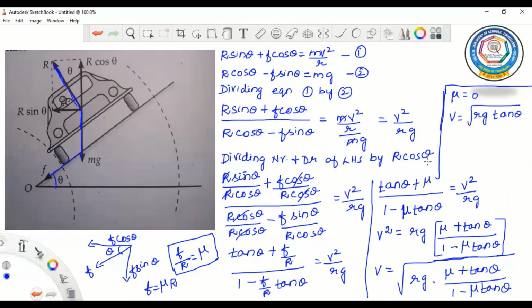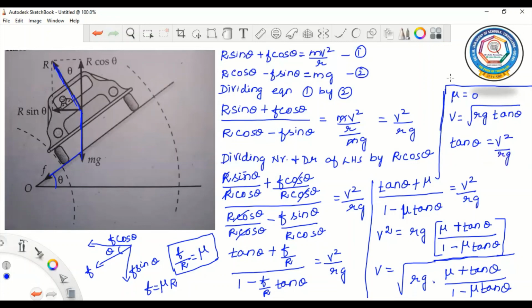So the angle of banking theta for minimum wear and tear of the tires is given by, can you write, tan theta is equal to, when you square this expression on both sides, you will get rg tan theta is equal to v square, or tan theta is equal to v square divided by rg.